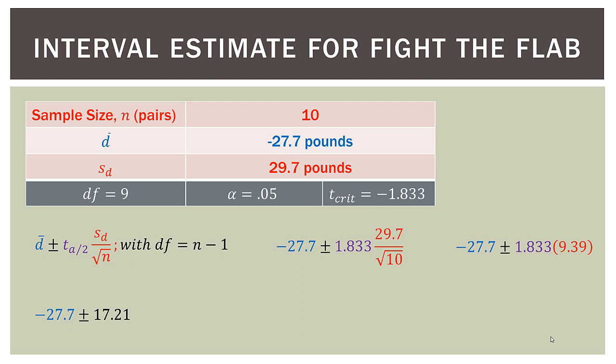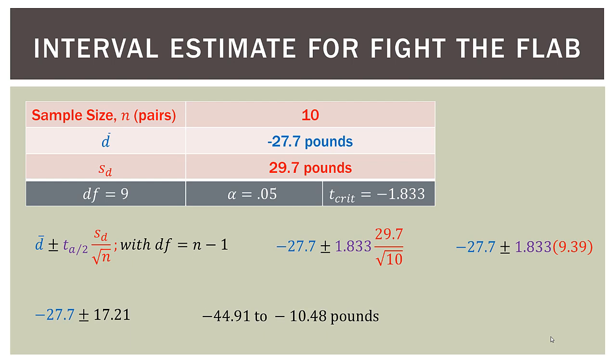So now we just substitute. In this case, our d bar is negative 27.7. Plus or minus our t-critical, which is 1.833, times our standard error, which of course is 29.7 divided by the square root of our sample size. So we substitute and calculate.